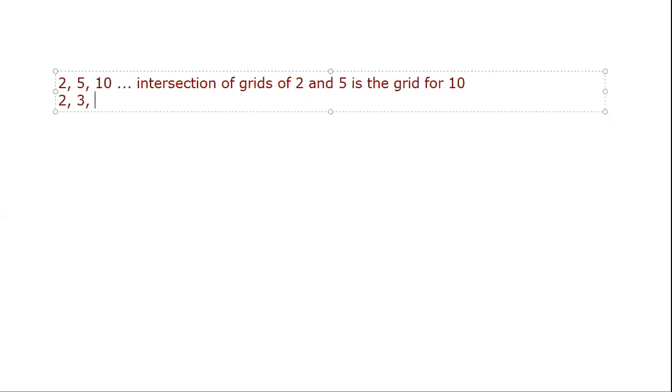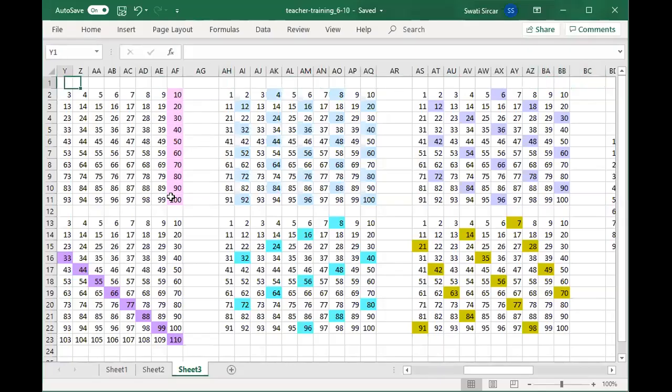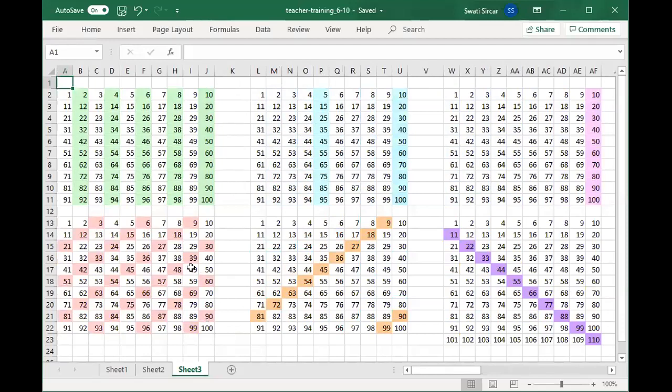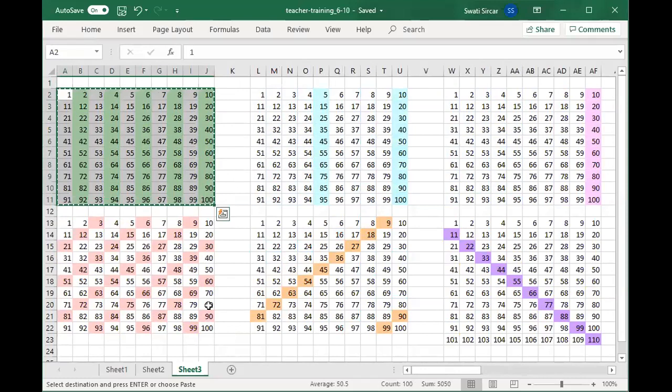Similar thing you will get for 2, 3, 6. But for 2, 4, 8, is that the same thing? I mean, think about it. Let me put the grids next to each other so that it's very clear.